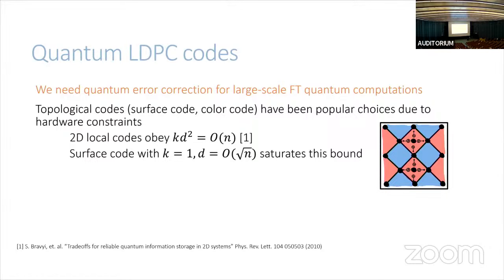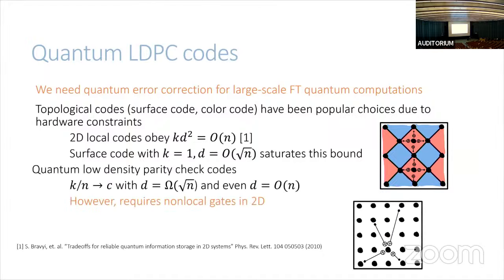And this is really nice for certain architectures like superconducting qubits because we can implement their syndrome extraction circuits in 2D. For these computers, you can only do gates between qubits that are neighbors on the chip. The issue is these topological codes have pretty poor asymptotic parameters, and they obey this rate distance trade-off. The surface code is really the best choice for this, and it saturates this bound.